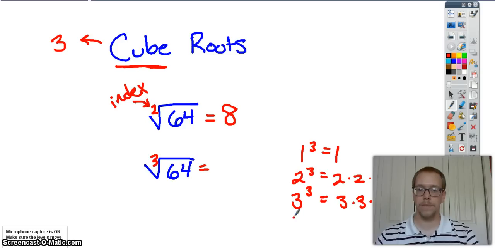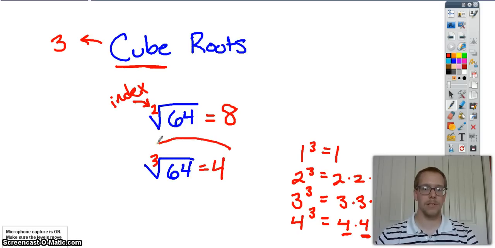So we're getting closer. Let's try 4 cubed. Well, 4 cubed is 4 times 4 times 4. Hopefully you notice 4 times 4 is one of your perfect squares. That's 16. Well, when you multiply 16 times 4, you get 64. So what's the cube root of 64? Well, what multiplied by itself 3 times is 64? 4. That's how we do a cube root.